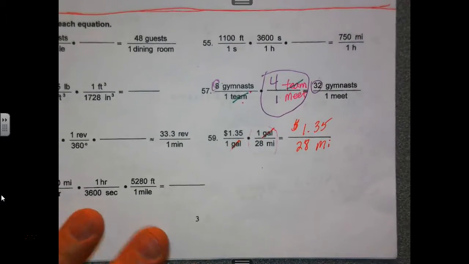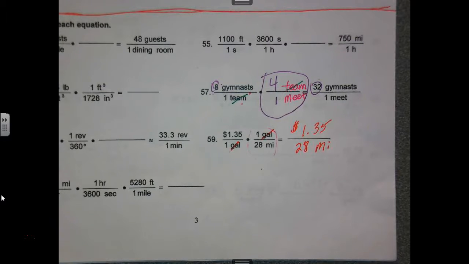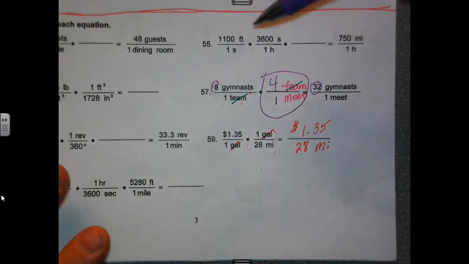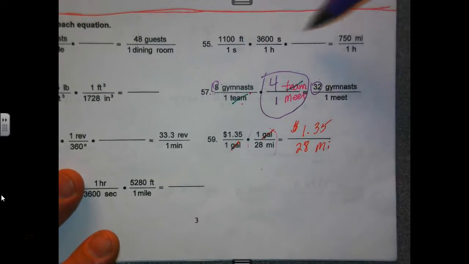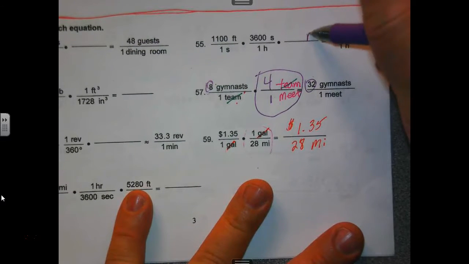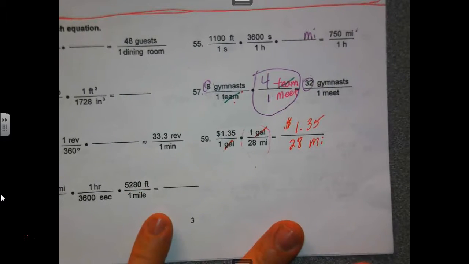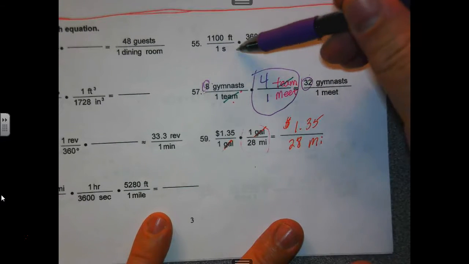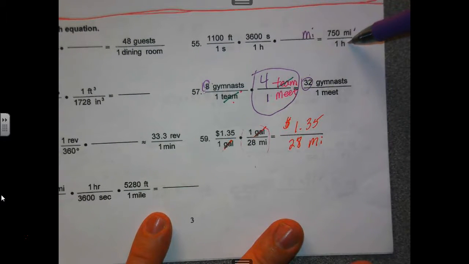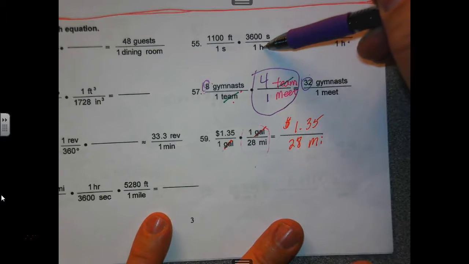Okay, let's do 55. I'm going to need to get miles on top, right? So I'm going to need a mile. And I'm going to end up with hours on the bottom. I have an hours here.